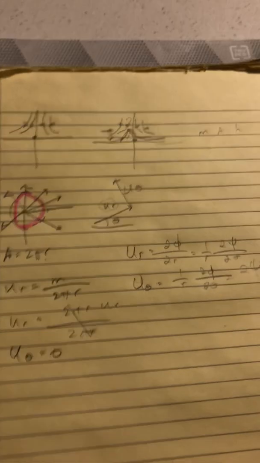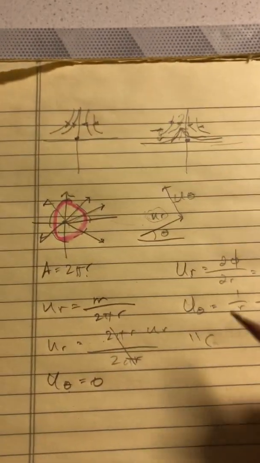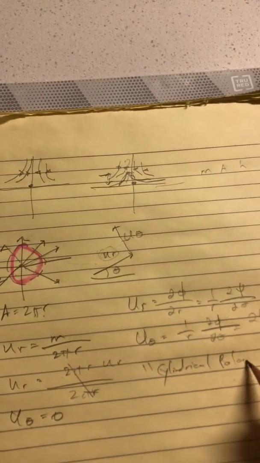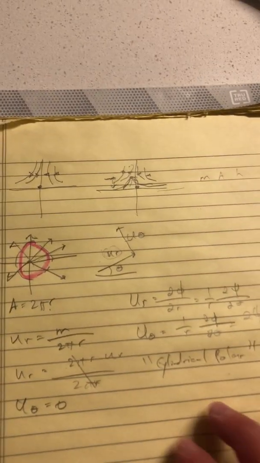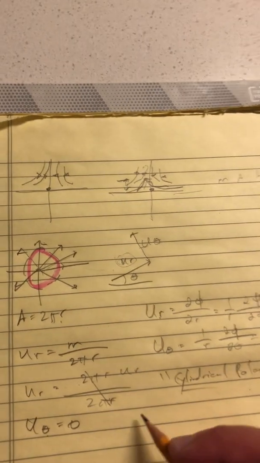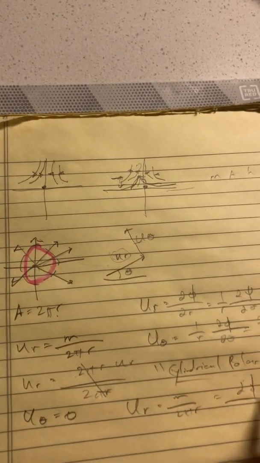So then what we want to do now is solve in cylindrical polar. Because when you have uniform flow onto a source, we tend to get these coordinates, or we tend to refer to it as cylindrical polar. 2 pi r is equal to this value.